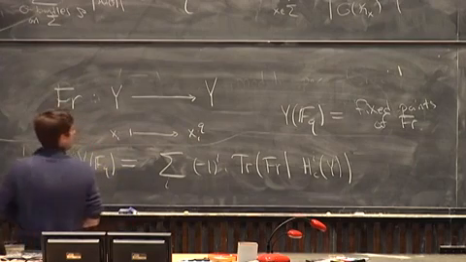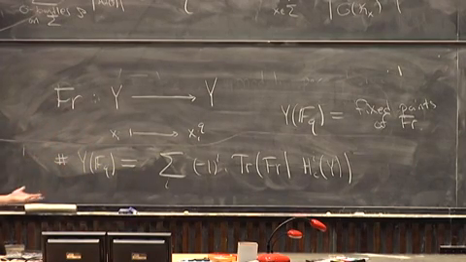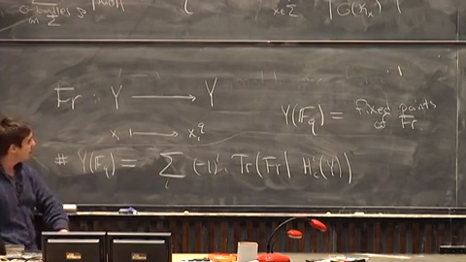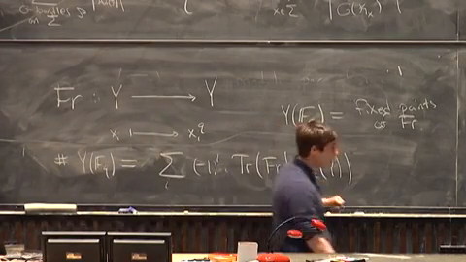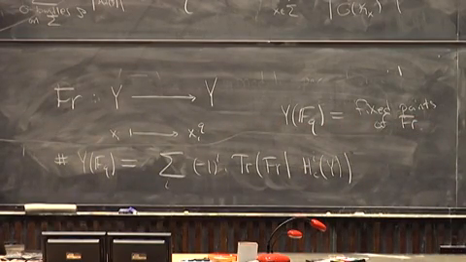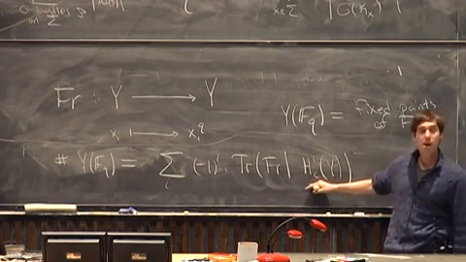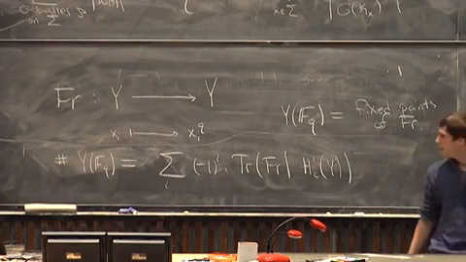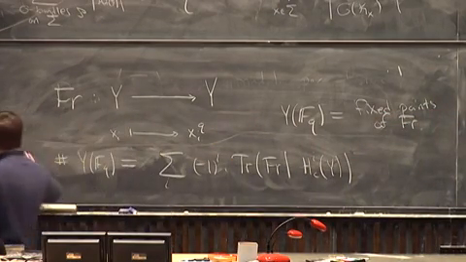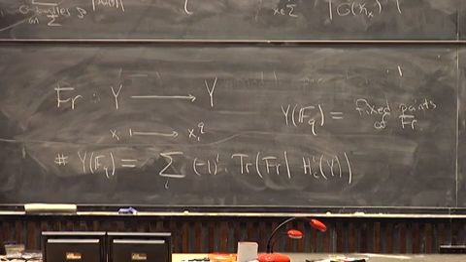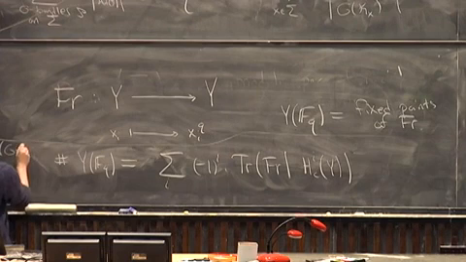But the obstacle to proving something like this is making sense of the right-hand side. After all, Y is not an algebraic variety over the complex numbers. It's an algebraic variety over a finite field. And there isn't a good topological space to take the cohomology of in this context. But making sense of this idea and proving this theorem is one of the great successes of the Grothendieck school of algebraic geometry.